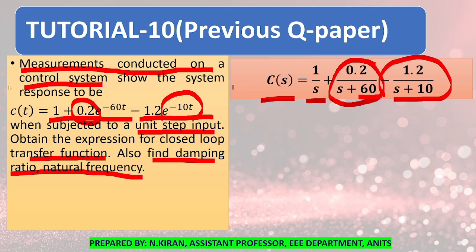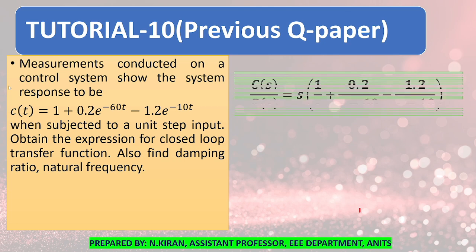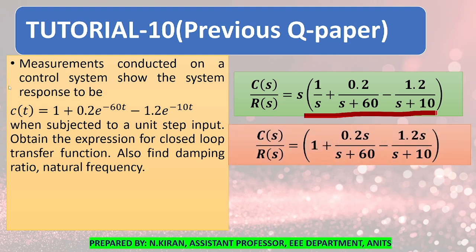After knowing the expression of C of s, R of s is given, isn't it? Since it is a unit step input, it is 1 by s. So taking the ratio of C of s by R of s, which is nothing but the Laplace transform of the closed loop control system, we divide by R of s, which multiplies the entire expression by s.